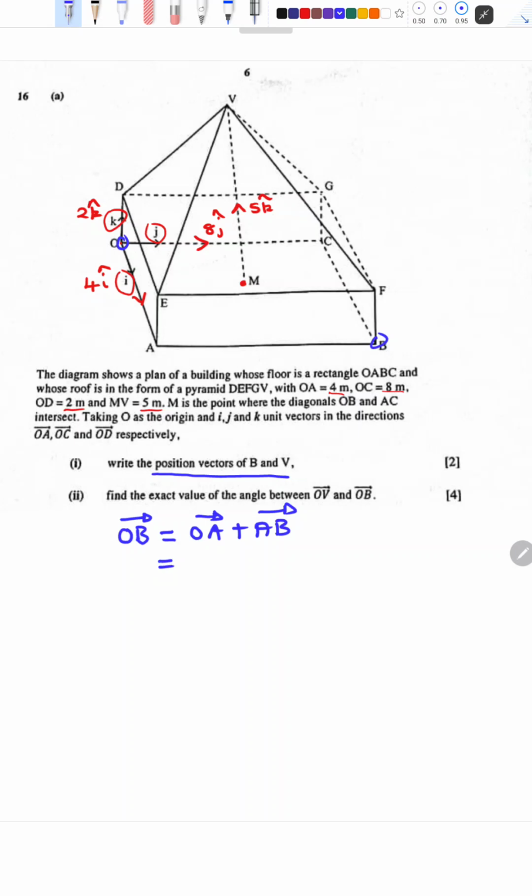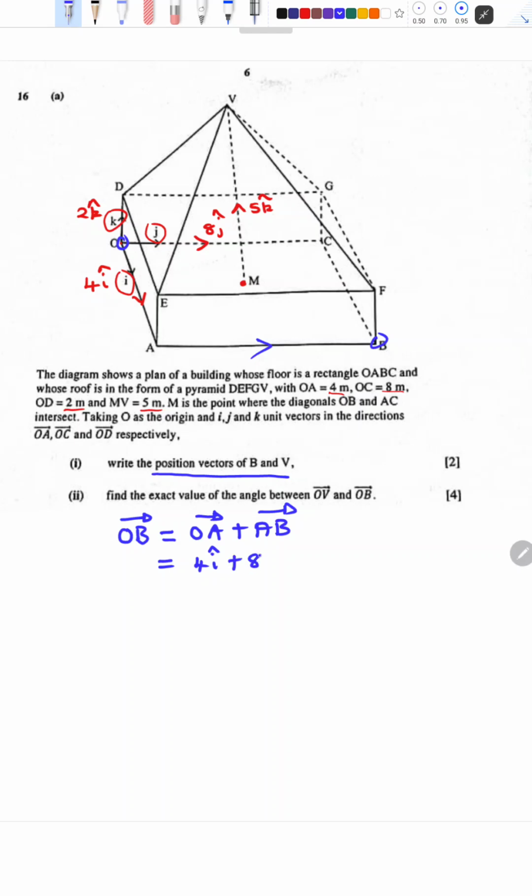So O to A, we have labeled the vector as 4i, and we are not opposing the arrow. So I'm going to write 4i as it is. Then A to B is parallel to OC, meaning to say AB and OC are equal and moving in the same direction, so they share a common vector, which is 8j.